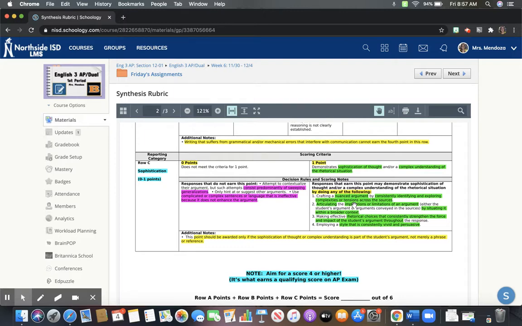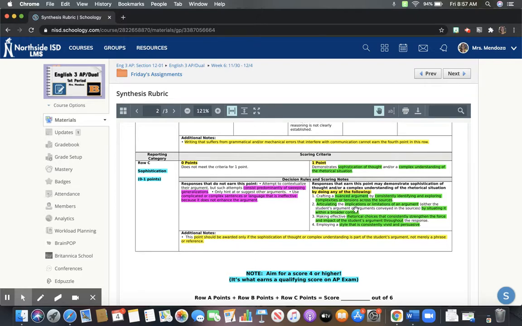Notice here it says making effective rhetorical choices that consistently strengthen the force and impact of your argument. And so if you look and you remember the persuasive appeals to emotion, to logic, or to your credibility or the credibility of your sources, and you use that throughout together, that would also be something to look at as well.